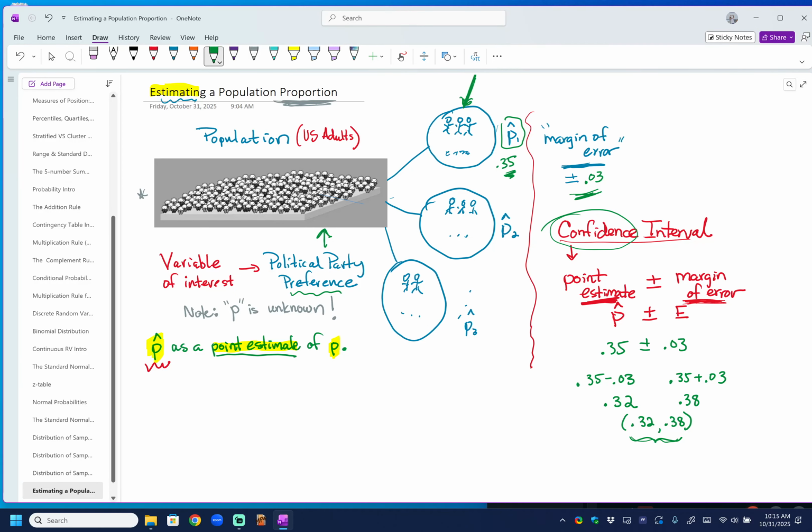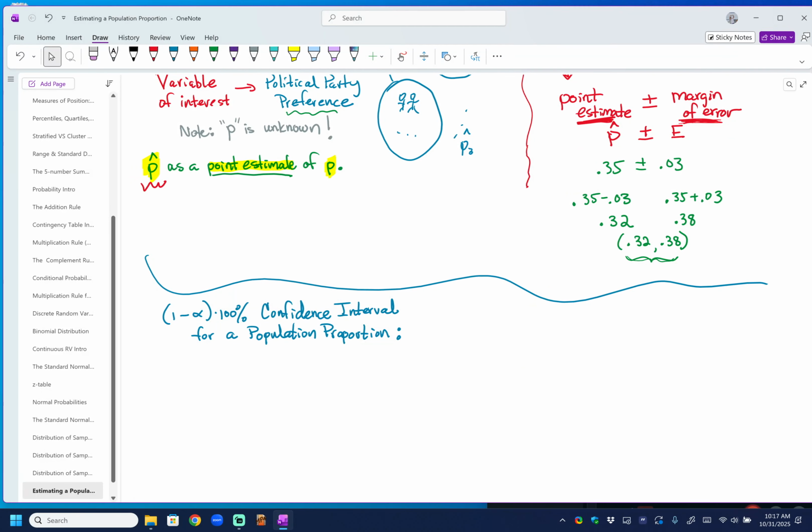The next step is to talk about the actual formulas for this process. So specifically, we refer to something called a 1 minus alpha times 100% confidence interval for a population proportion as p hat plus or minus z sub alpha over 2 times the square root of p hat times 1 minus p hat over n.